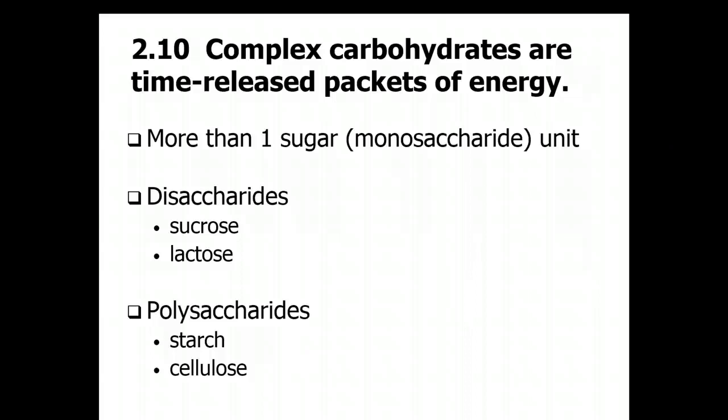Disaccharides have 2 sugars linked together, such as sucrose and lactose, and then polysaccharides have more, usually 3 or more. Starch or cellulose, with a repeating structure of big long chains, are very typical.